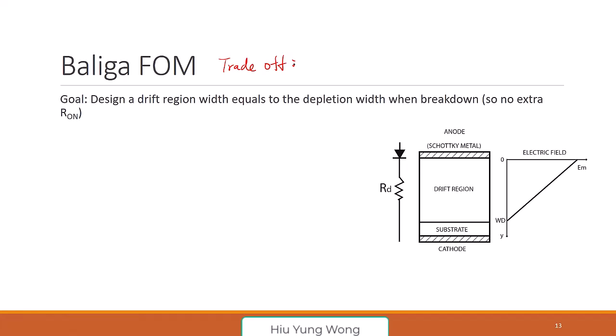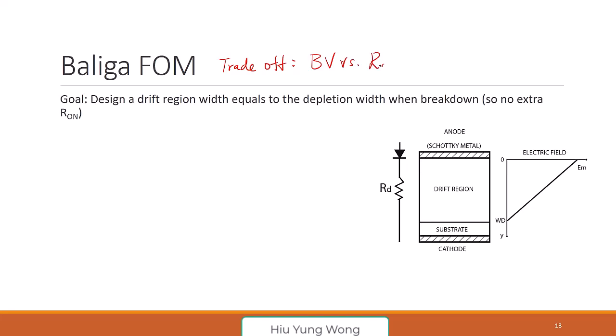This is for a regular power device. What are we trying to optimize? Breakdown voltage and resistance. Thank you. That is what we have been talking about.